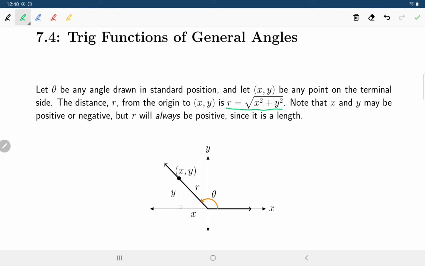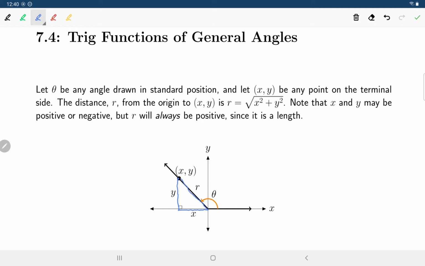So one thing to note here is that even though we're going to be talking about angles that are in standard position, there still is a right triangle going on here. If you were to take our point xy and draw a line going down to the x-axis, you can see that we do indeed have a right triangle.